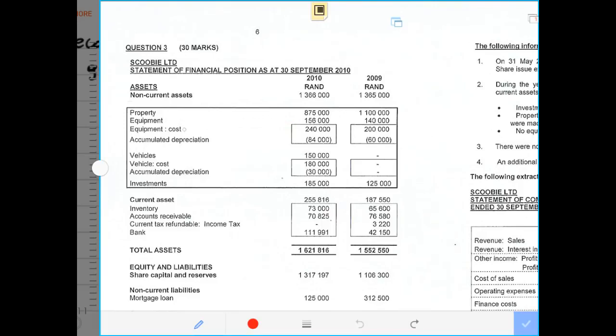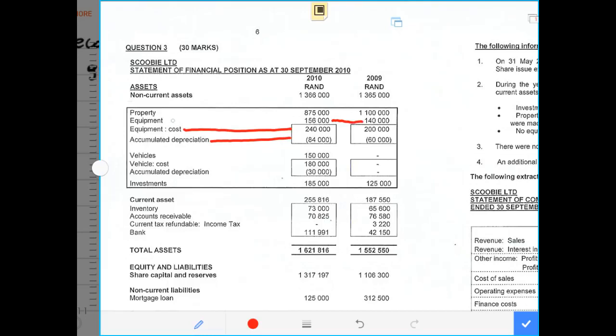And we have equipment at cost, and after that we have accumulated depreciation for equipment for both years 2009 and 2010. That means the cost price minus accumulated depreciation will give us the equipment of 156,000 for the year 2010, and the equipment carrying value for the year 2009 is 140,000 rands. This is very important.